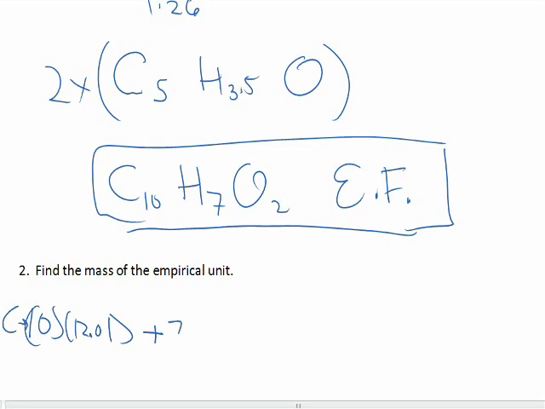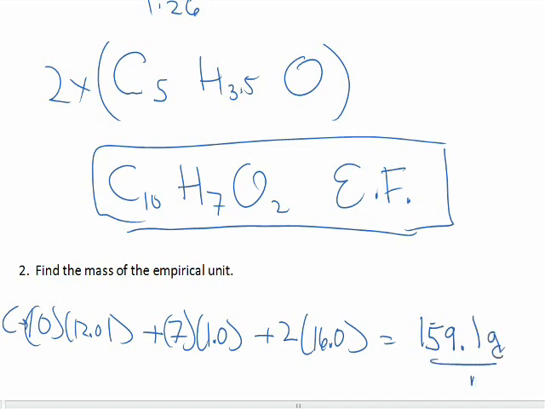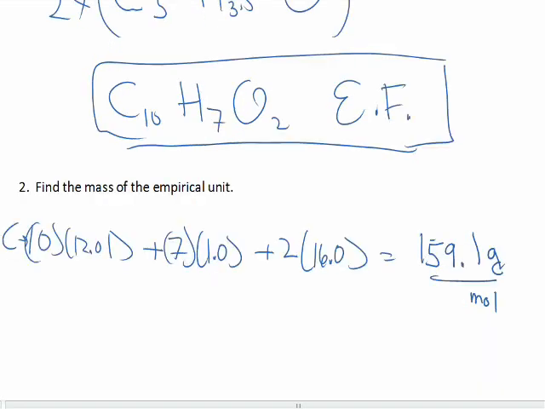We add that to 7 hydrogens, which has a mass of 1.0, and we add it to 2 oxygens, which has a mass of 16. We multiply that out, and we get 159.1 grams per mole. That's the molar mass, what this weighs.